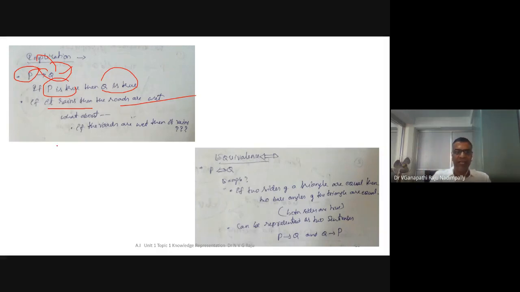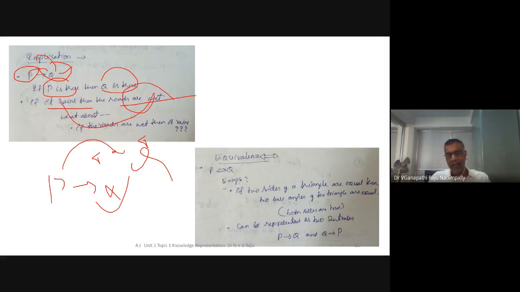Please remember carefully. The rule for P implies Q is only one way. If P is true, Q will become true. But in the other direction, it is false. Is it okay? If the roads are wet, that doesn't mean that it rained.